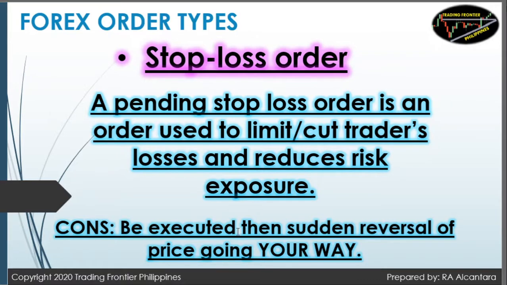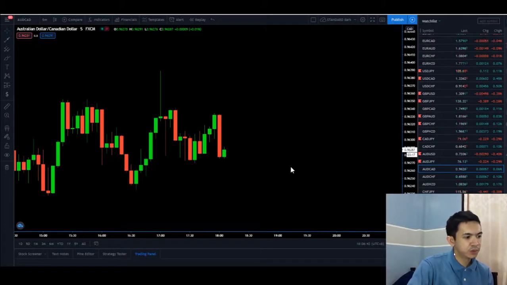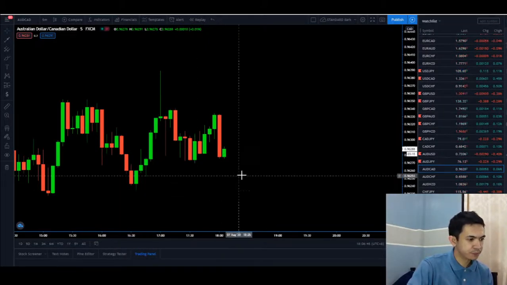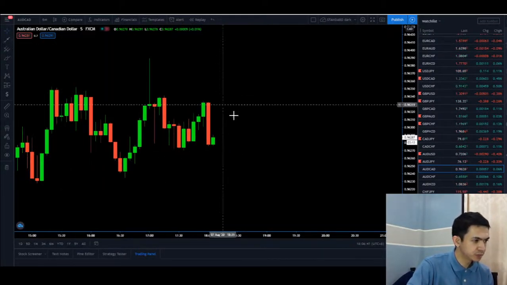Again, this is like your emergency stop if ever the price goes against you, or if ever your analysis doesn't materialize. All right. So normally your stop loss is always below, for example, for a buy, right? I'm expecting the price to move up.